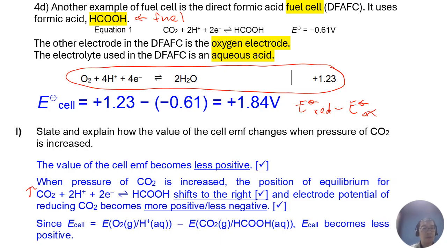Okay, so if you refer to the E cell calculation, the reduction of O2 has no change, so same minus something that is more positive, the new E cell value will become less positive.